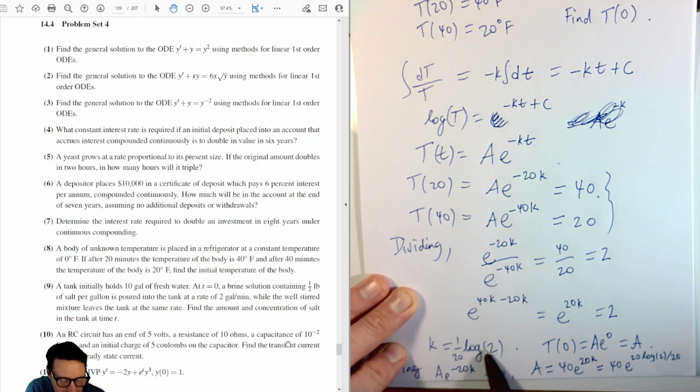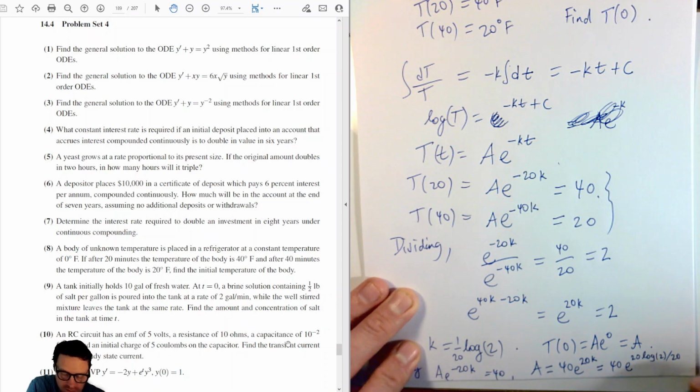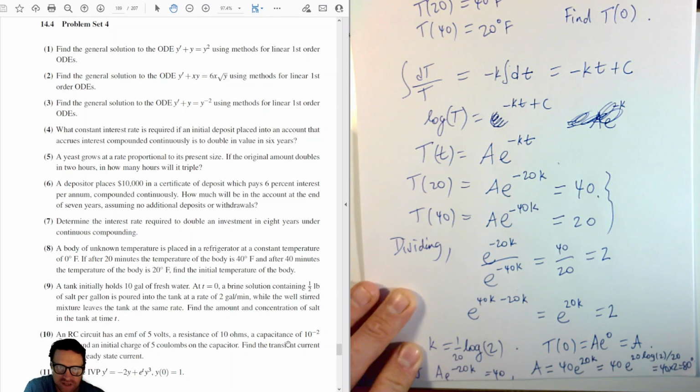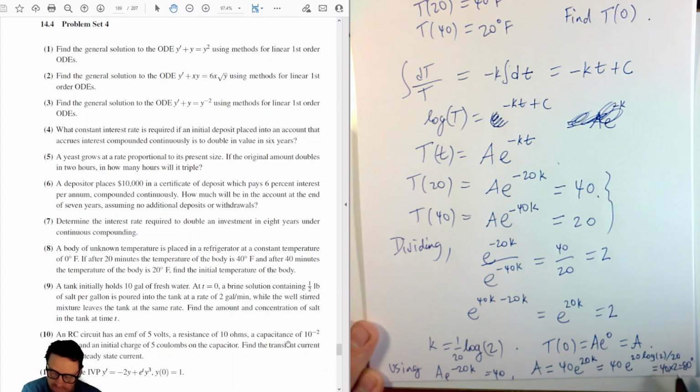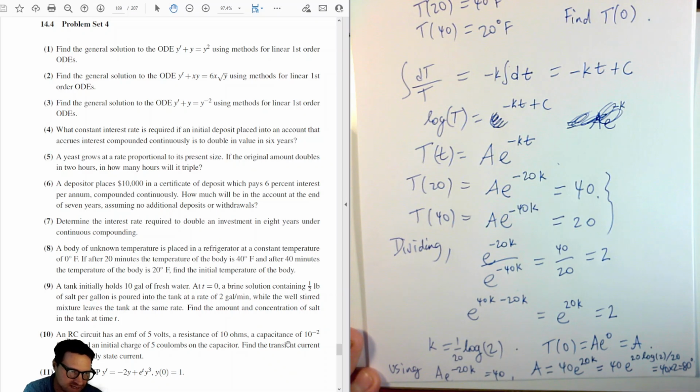So that's our k there, log 2 over 20. Cancel the 20s, and we have e to the power of the natural log of 2, which is 2. So this is 40 times 2, which is 80. And so this 80 that we got is A, which is the initial temperature that we are after. So the answer to this question is 80 degrees Fahrenheit.